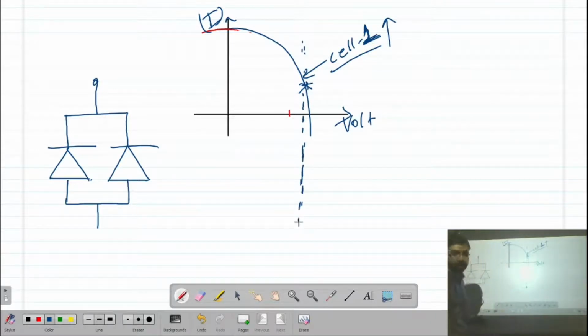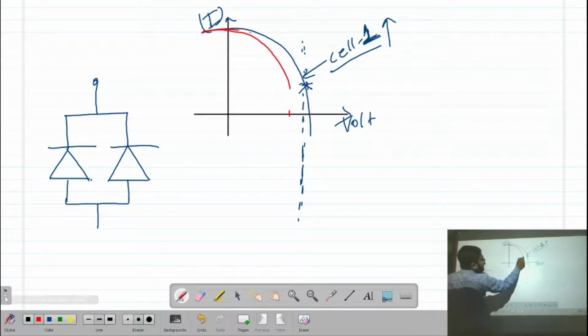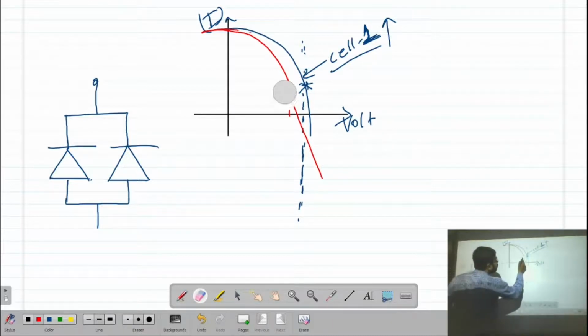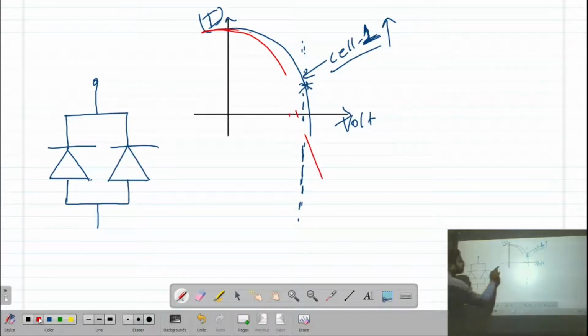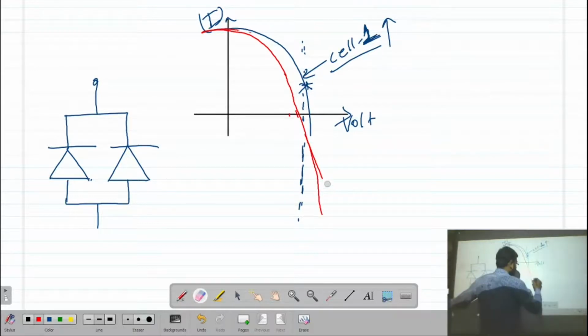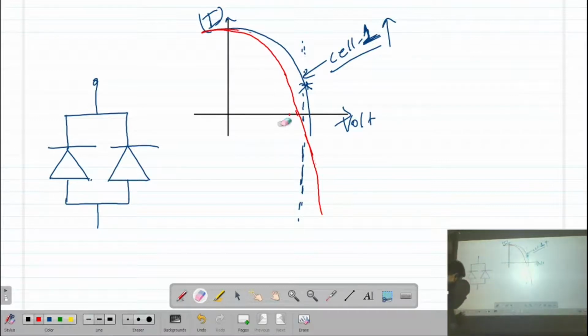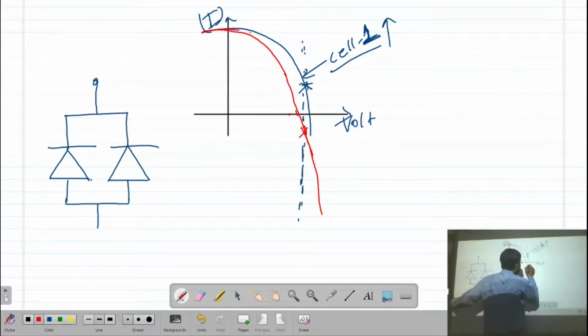Now the cell 2 will go like this, and the operating point of cell 2 will be over here.